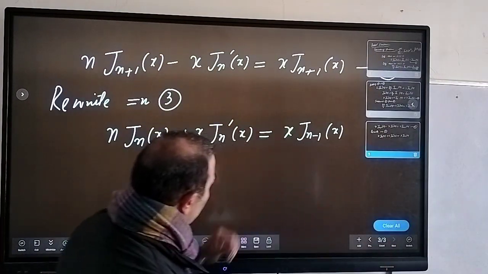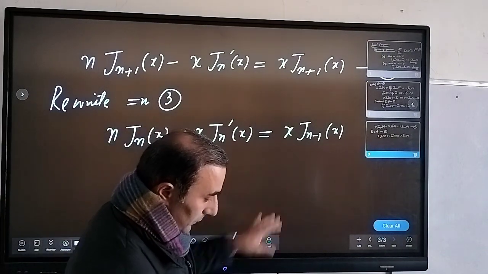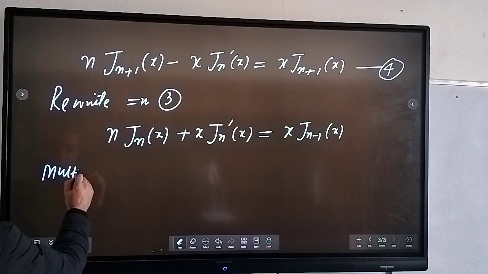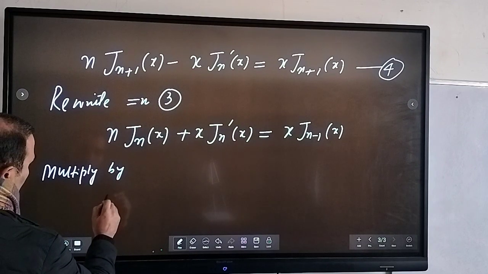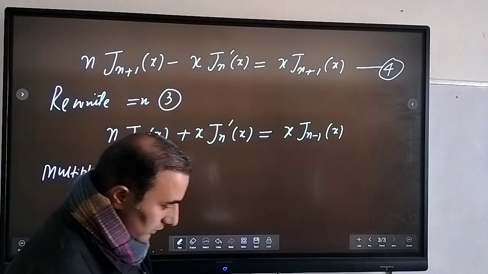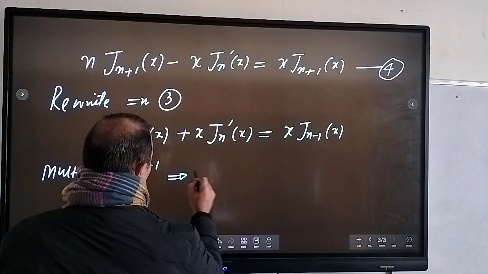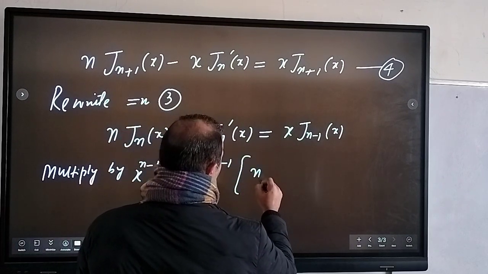Now what we'll do here, we just multiply by x raised to the power n minus 1. So I multiply this relation by x raised to the power n minus 1, right? So this relation becomes n j of x.